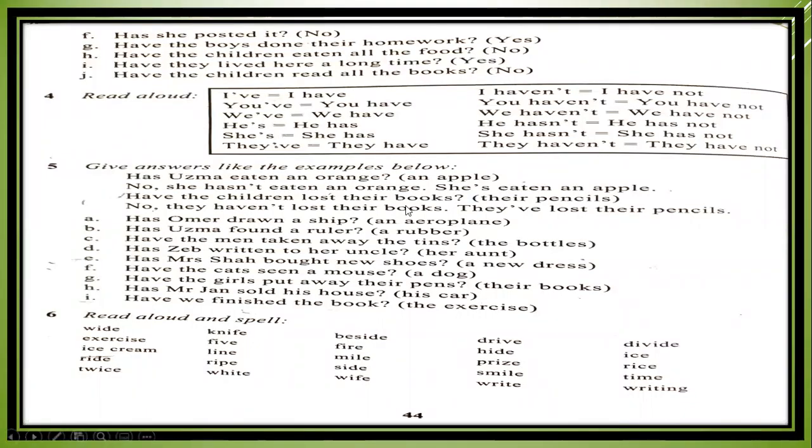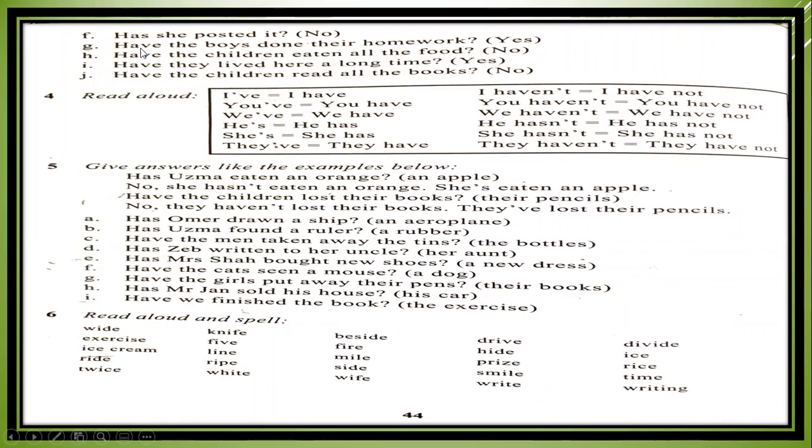Let's move to the next page. Page number 44, same exercise. Continuing here. Has she posted it? No, she hasn't. Have the boys done their homework? Yes, they have. Have the children eaten all the food? No, they haven't.